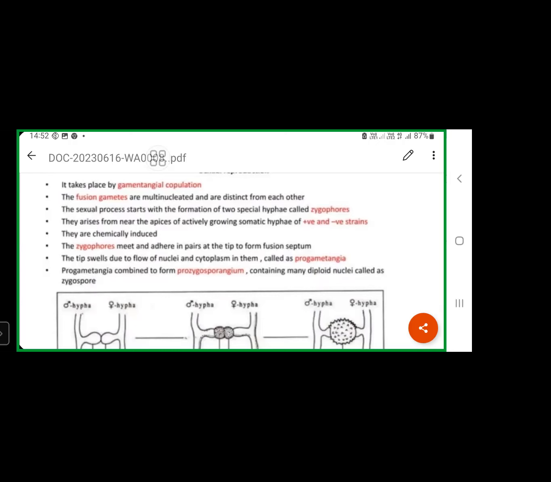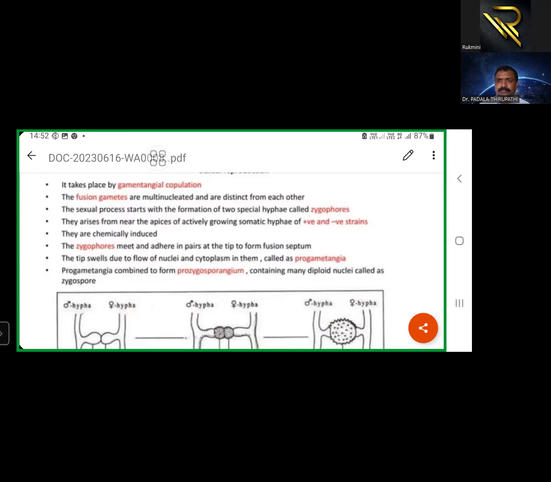What does heterothallism mean? Actually, mating takes place between two compatible species. Suppose the two, male and female, involved in this reproduction process arise from the same species, are compatible to each other and are able to perform sexual reproduction.